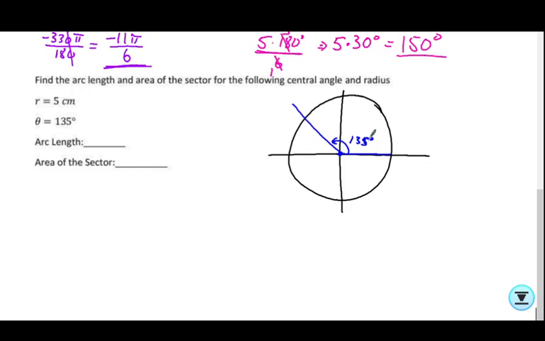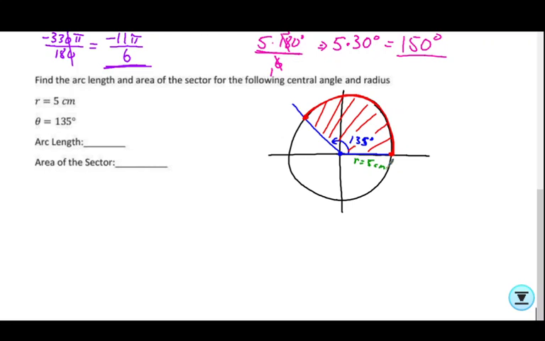Okay? So from here to here, this is the arc length we're looking for. And we're also going to find this area. And that's when my radius r equals 5 centimeters.